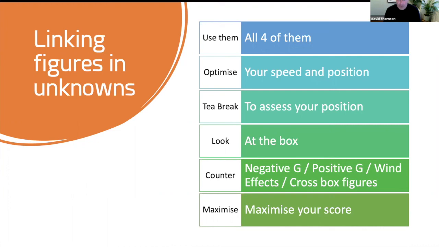So you might find it better to half loop down, roll inverted, something like that. So it's using those figures to counter lots of pushing, and also again using figures to counter the wind, and therefore hopefully maximize your score.